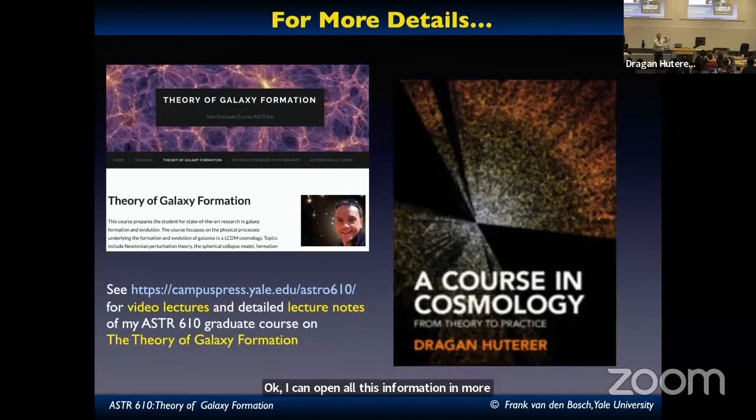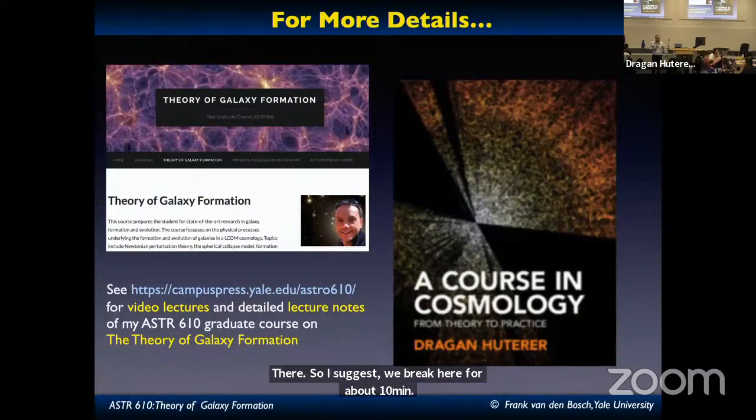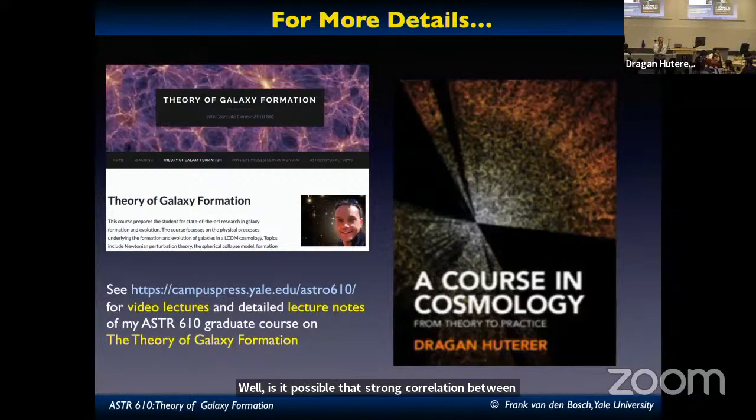Yes, one question. Is it possible that strong correlation between overdensities breaks the ergodic principle at some point, as defined in the previous slide? Well, the ergodic principle only holds on very large scales. It's not true that the density fluctuations here and next to it are not correlated.